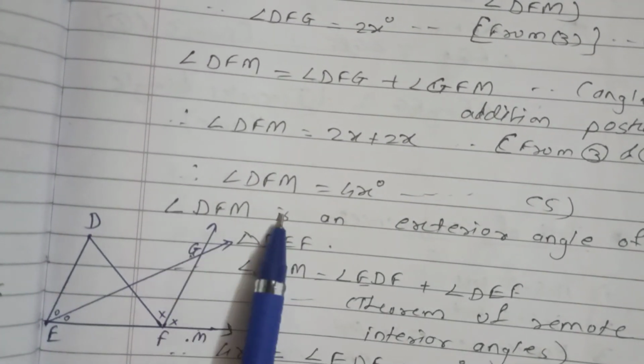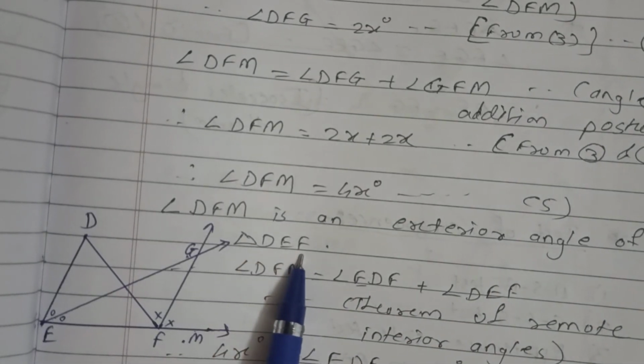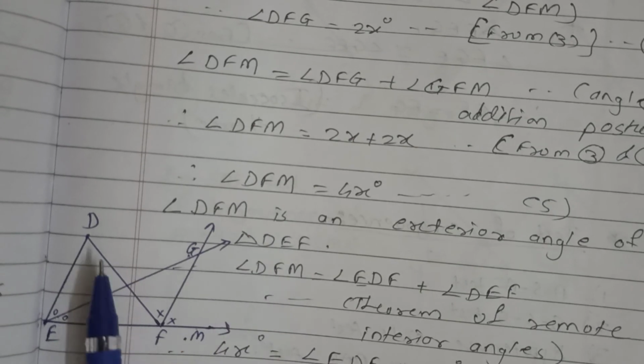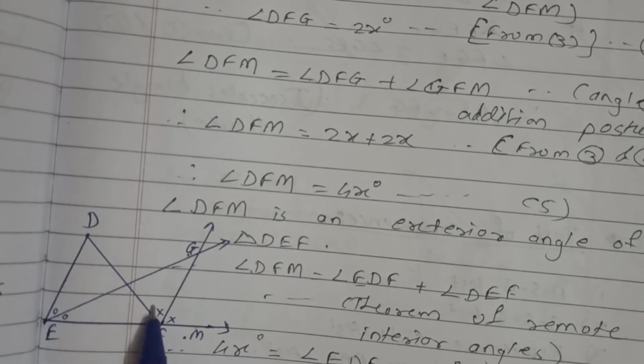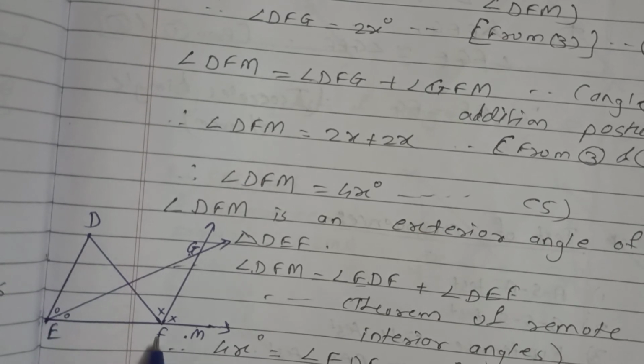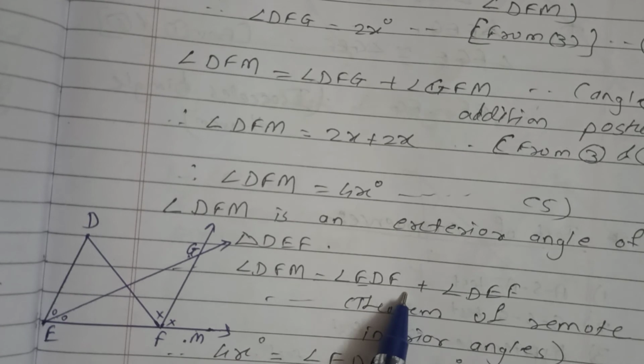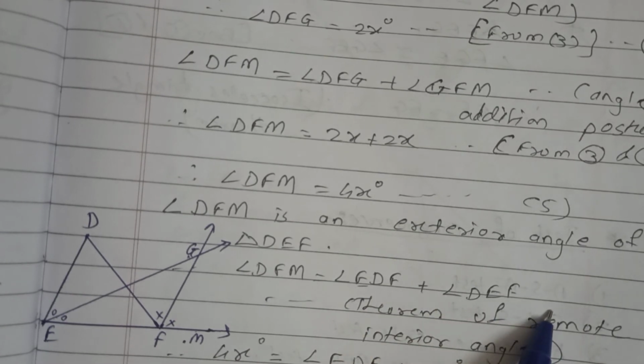Now angle DFM is an exterior angle of triangle DEF. Therefore angle DFM is equal to EDF plus DEF.